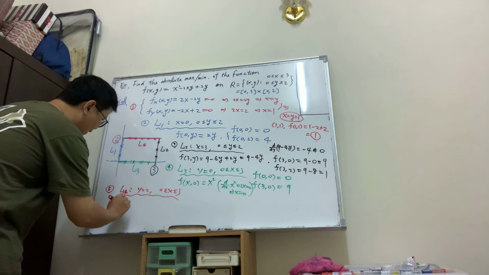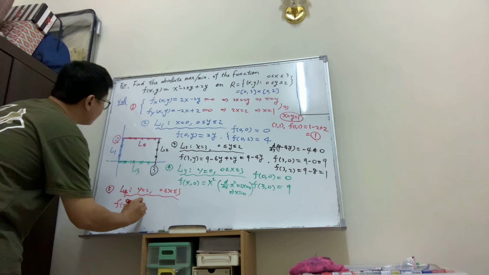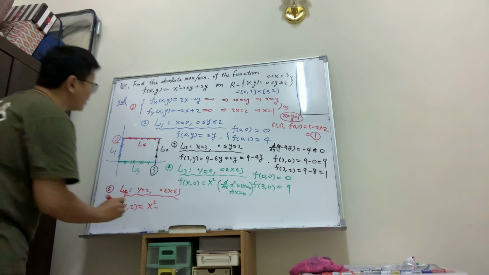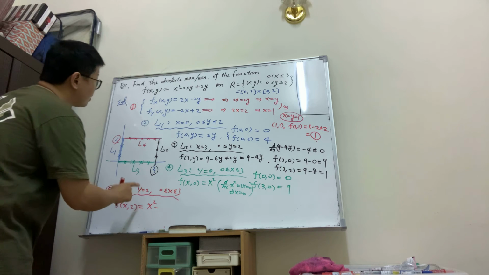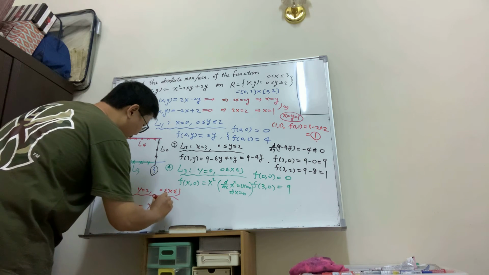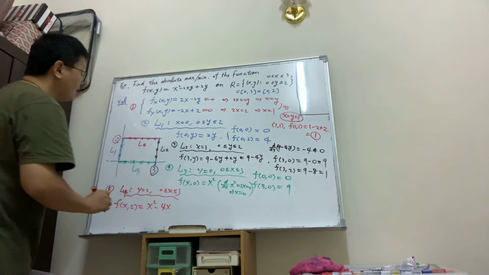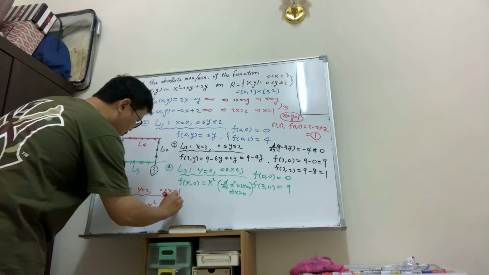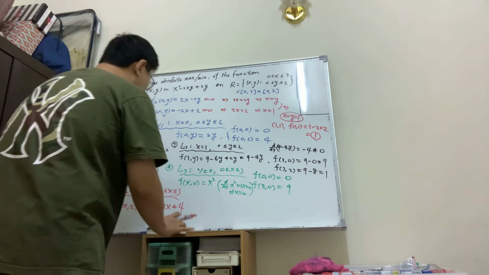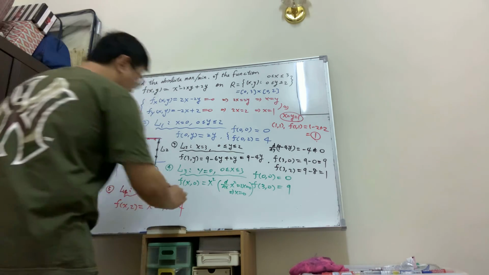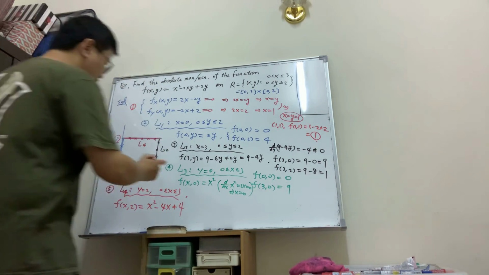So f of x, 2 is equal to x squared subtract 2 times 2x times y; now y is 2, so 2x times 2, so it's 4x, plus 2y, so plus 2 times 2, 4. Plus 4.